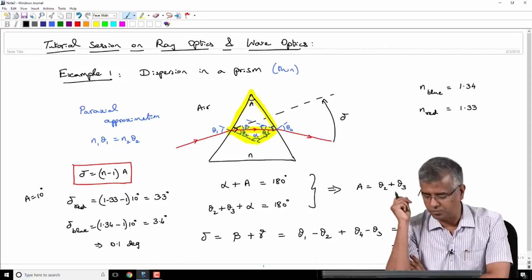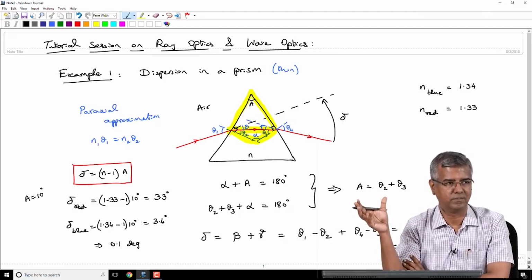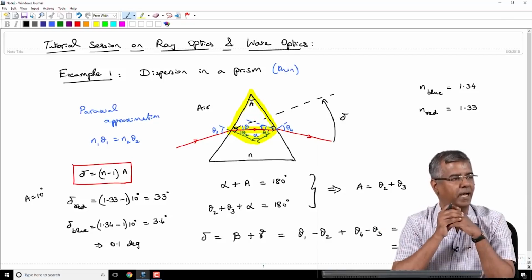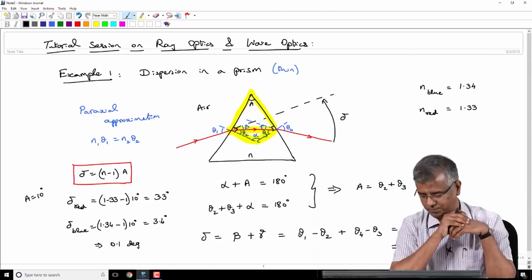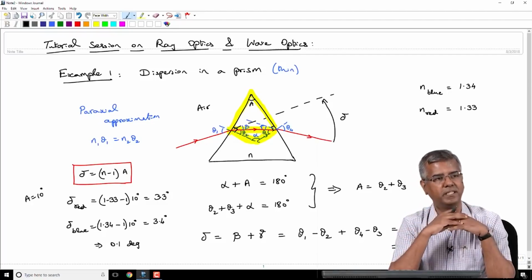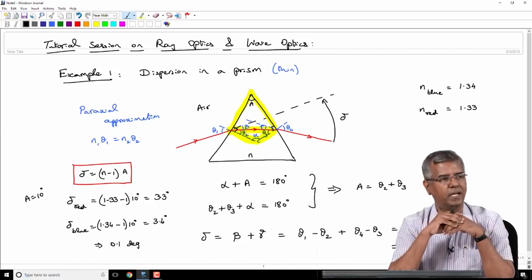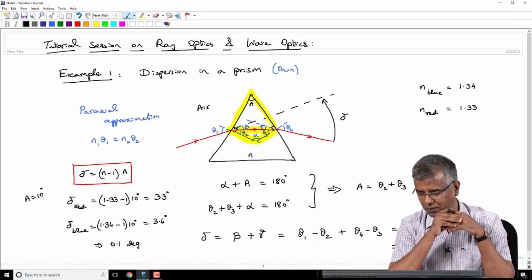Now, of course, if you project that over a long distance, that can actually look like a significantly large spatial separation between the colors. That's the kind of effect we are talking about, which shows that there is going to be dispersion.